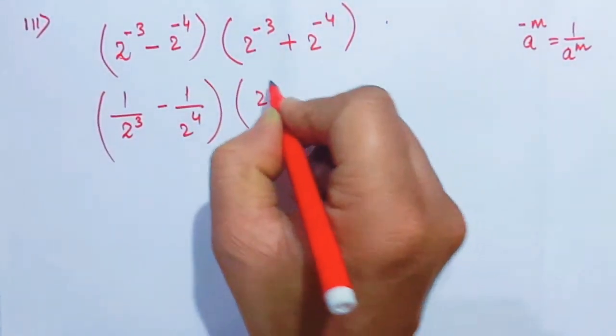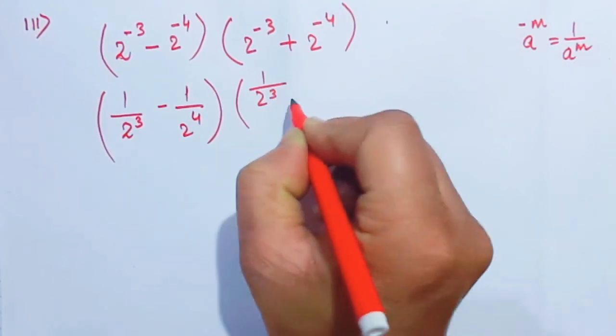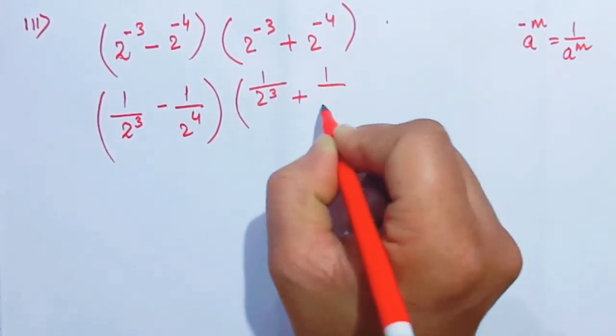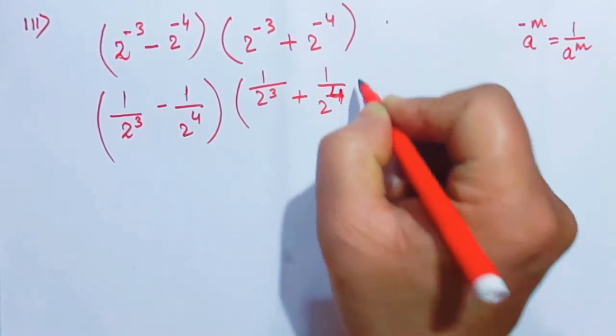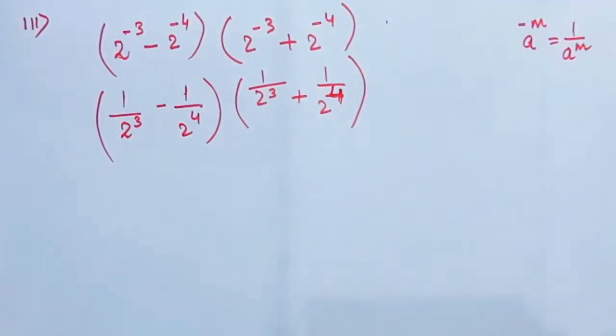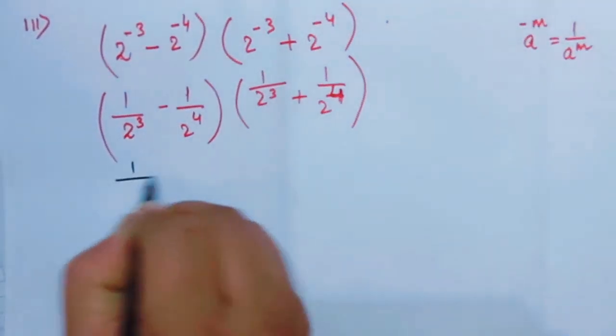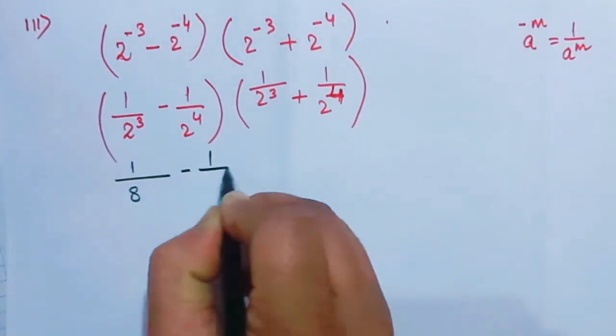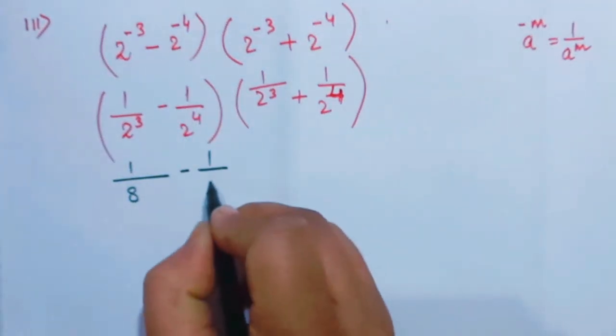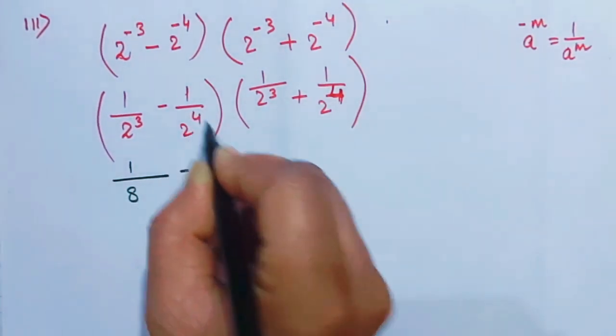Multiplied by 1 by 2 to the power 3 plus 1 by 2 to the power 4, because I have changed these into their positive exponents. Now let's move on. 1 by 2 to the power 3 will give you 8, minus 1 by 2 to the power 4, 16. 2 times 2 times 2 times 2.